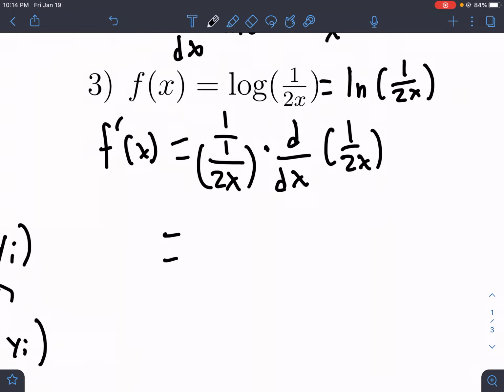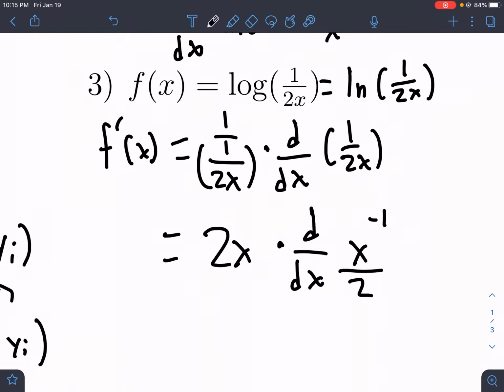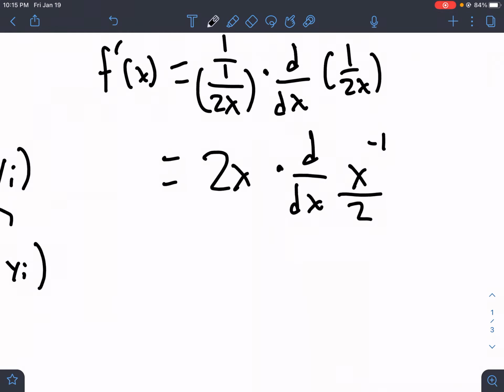And this equals 2x, because this is just 1 over 2x, so we can pull the 2x to the top, times d dx of x to the minus 1 over 2. Now we can take the derivative of this, so 2x times, and we pull the negative 1 to the front and subtract 1, so we get negative x to the negative 2 over 2.